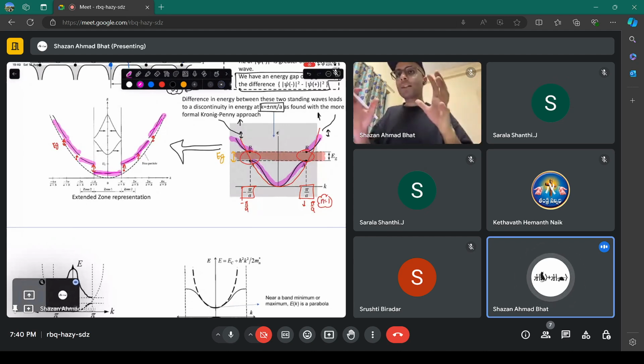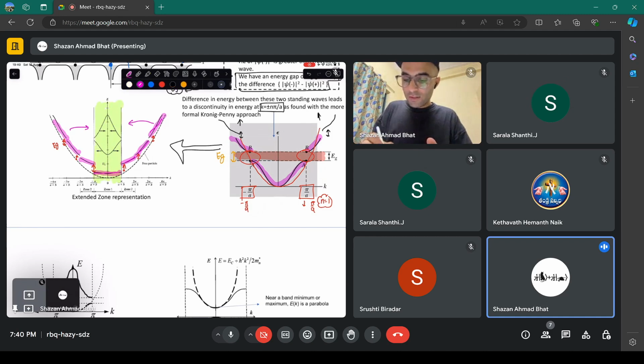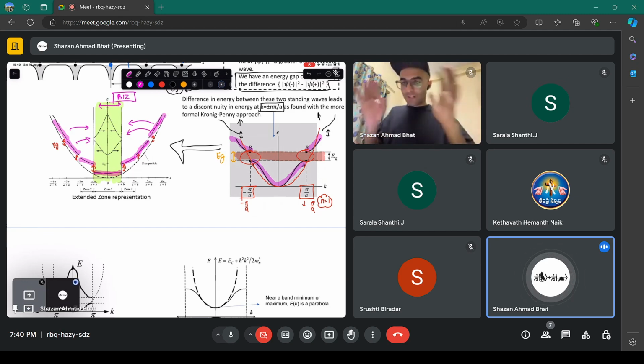You want to understand in a very simplistic manner. So what you do is fold these bands into the first zone, which is this particular zone. This is called the Brillouin zone. You fold these bands into this first zone, and you get these particular things.